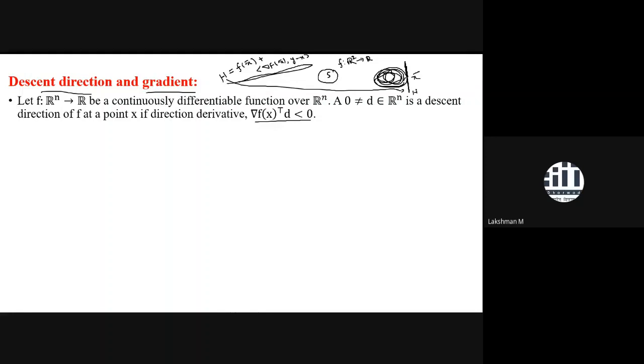So this one you can call H dash. It is defined by the dot product of the gradient with y minus x, or simply s.